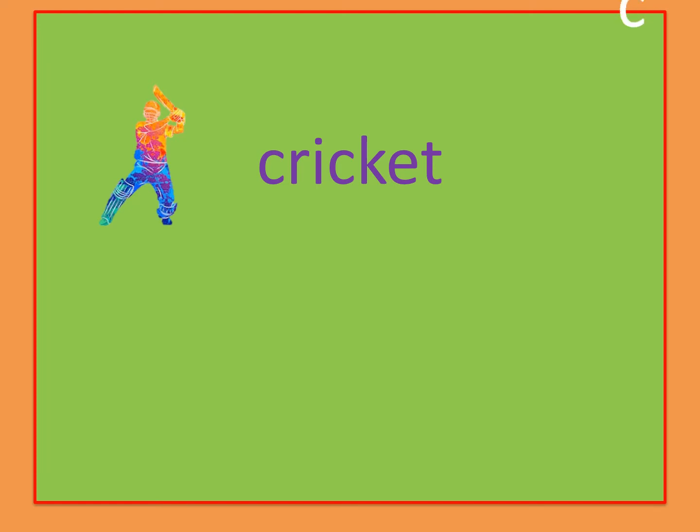What are those seven letters? C, R, I, C, K, E, T. Yes, very good. So these seven letters are joined as a unit to convey some meaning. So, students, words are formed from letters to convey some meaning.